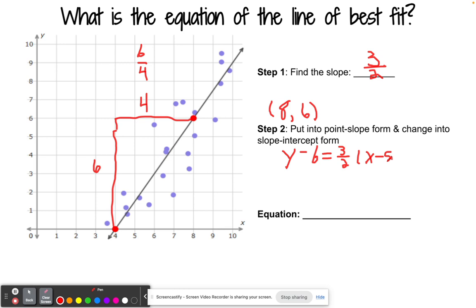I didn't need to use this point. I could use any point along that line. This would have been fine, 6, 3. I also could have used 4, 0. Any of those would be fine. Okay, I need to distribute. So 3 over 2 times x is 3 over 2x. 3 over 2 times negative 8 is negative 12.